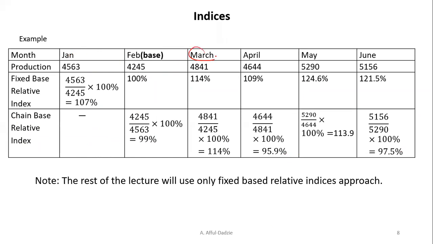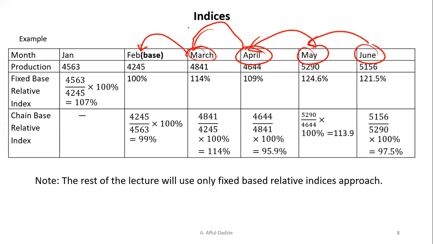If I'm interested in March, then the value at February would be my base period. If I'm in April, then the value at March is my base period. If I'm in May, then April becomes the base period. Then if I'm in June, so this gives it some recurrent or recursive loop. And that's why we refer to it as a chain-based approach.